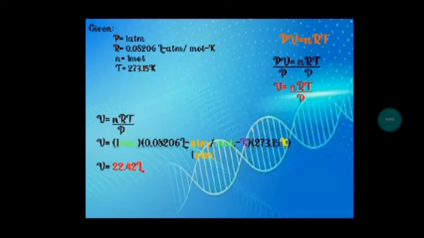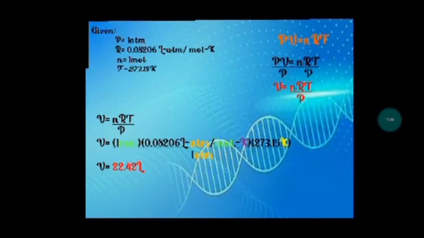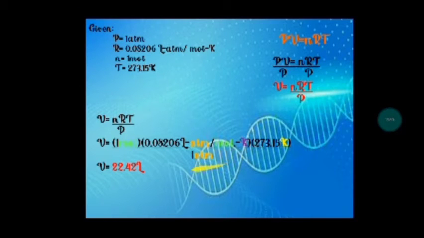So we substitute the values: 1 mole, 0.08206 liter atm per mole per Kelvin, 273.15 Kelvin, and the value of our P is 1 atm.